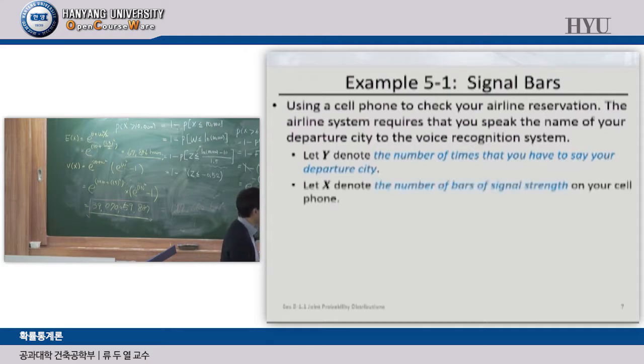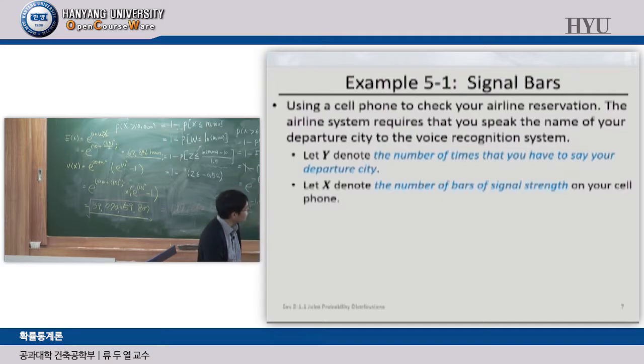And let x denote the number of bars of signal strength on your cell phone. When you see your cell phone, there is a bar, right? According to the signal strength. So x denotes the number of bars of signal strength on your cell phone, okay?